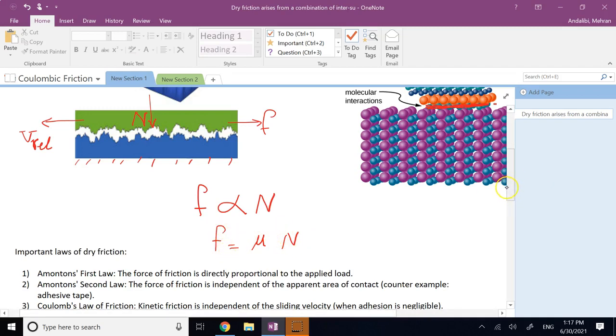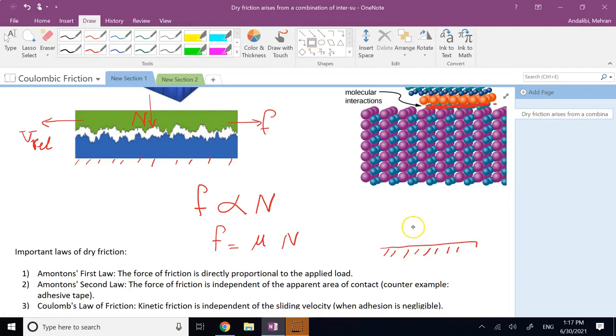The second law says the force of friction is independent of the contact area. Okay, so for example, if you have this fixed surface and you move an object like this on it, let me use a different color.